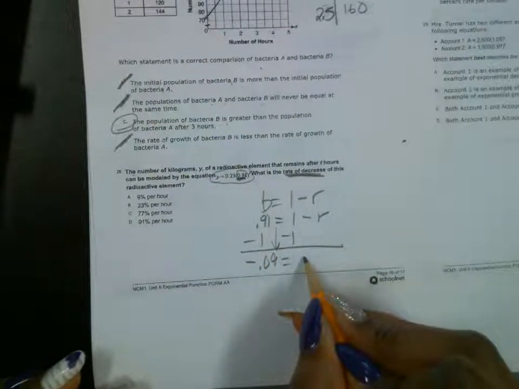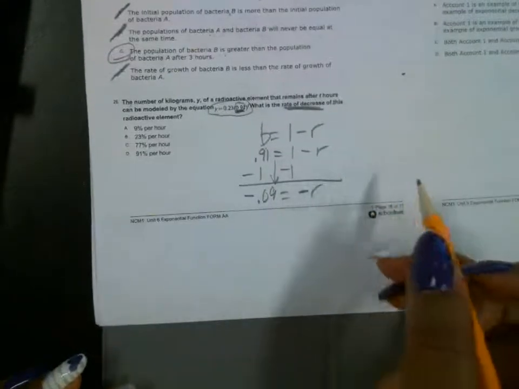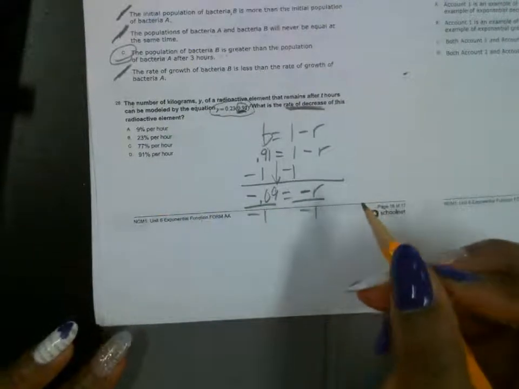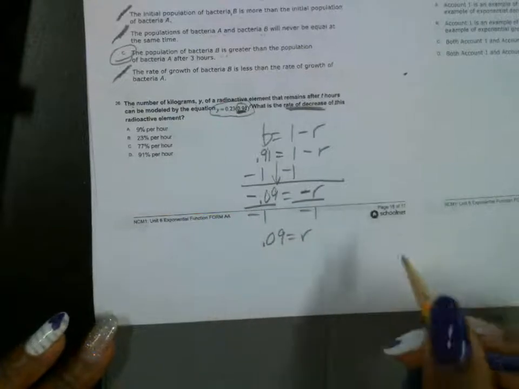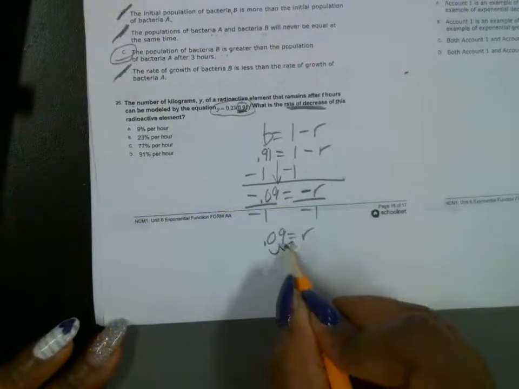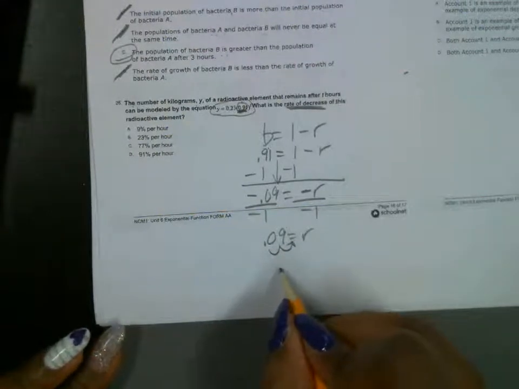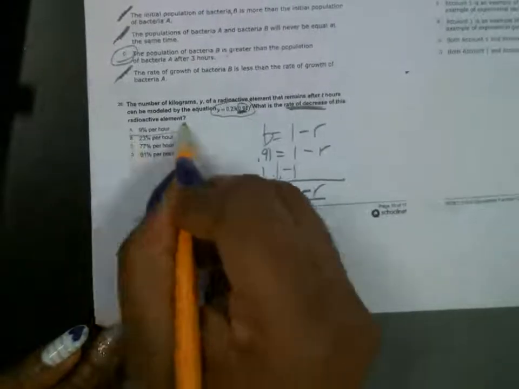And then over here, this is going to be negative R. Now what do we do to get R by itself? Okay, and so then this becomes 0.09 is equal to R. How do I write this as a percent? And so what percent of decrease is this going to be? 9% decrease. So that's A.